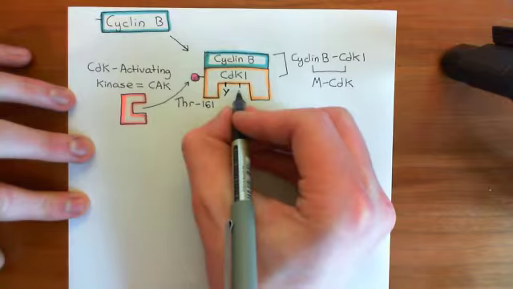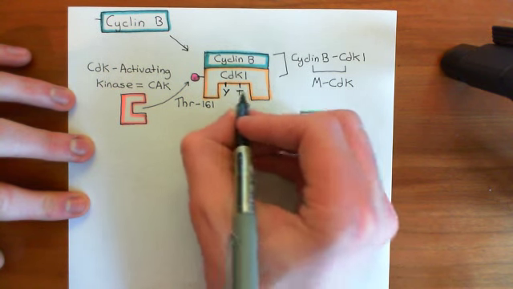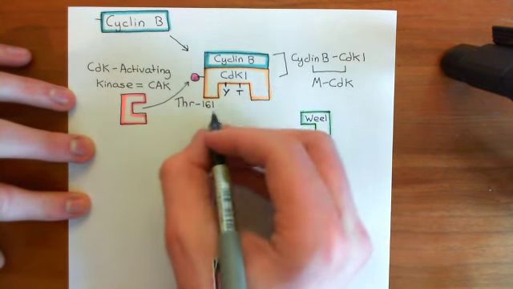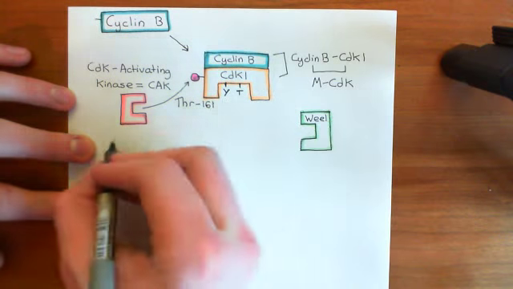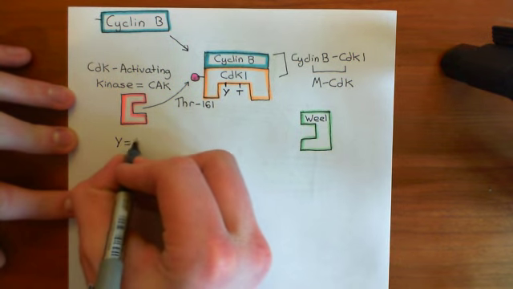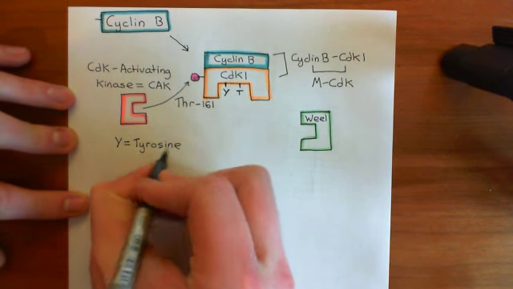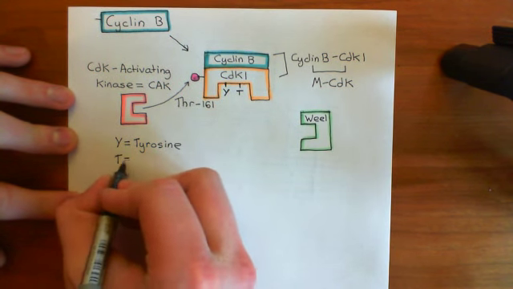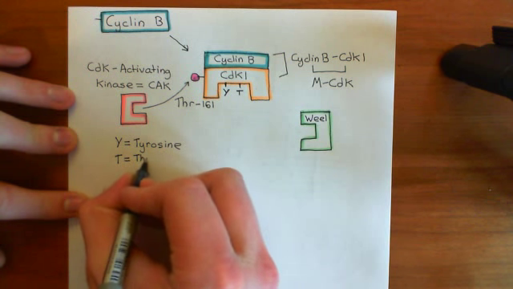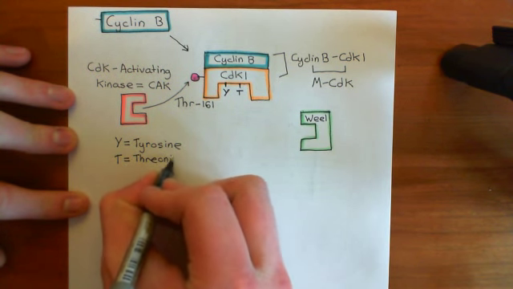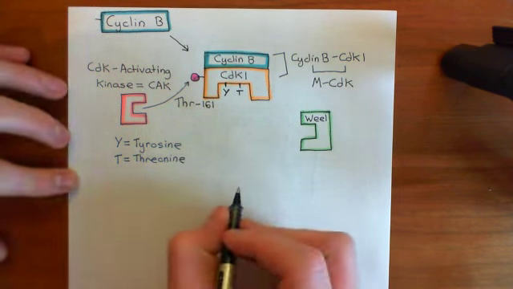Okay, so there is a tyrosine residue within the active site, and there is a threonine residue. So the single letter amino acid code for tyrosine is Y. Okay, so Y stands for tyrosine. Tyrosine could not have T because T had already gone to threonine. Okay, so threonine got the T.